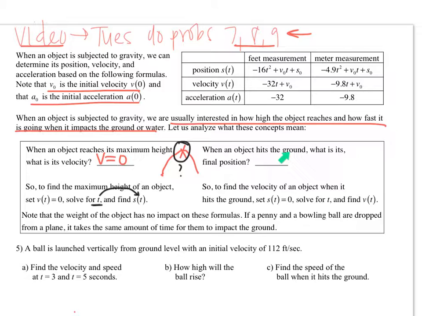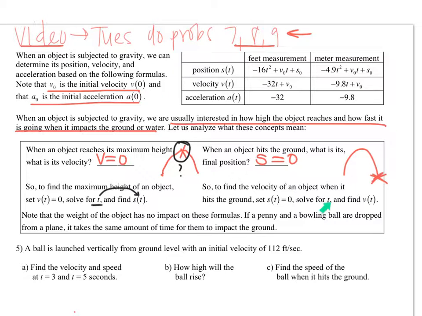When an object hits the ground, what is its final position? At that point, the position, which we call s, is equal to 0 because it has hit the ground. So, to find how fast an object was going when it hits the ground, set s of t equal to 0 and solve for t.